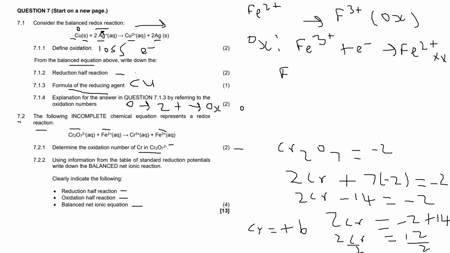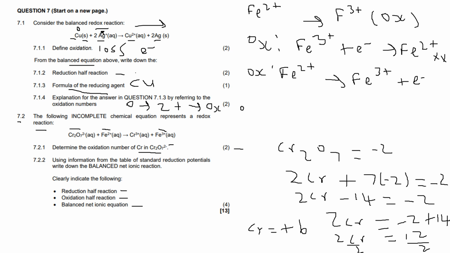Instead of starting with Fe3 plus, we'll begin with Fe2 plus, and that will form Fe3 plus, plus e minus. This will be the oxidation half reaction that they're looking for.